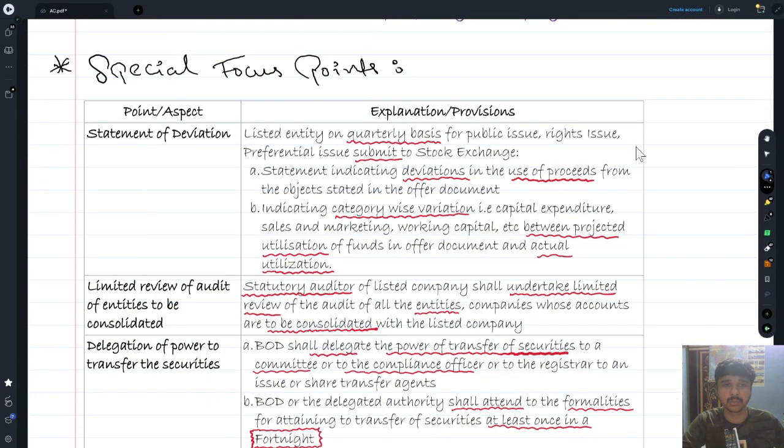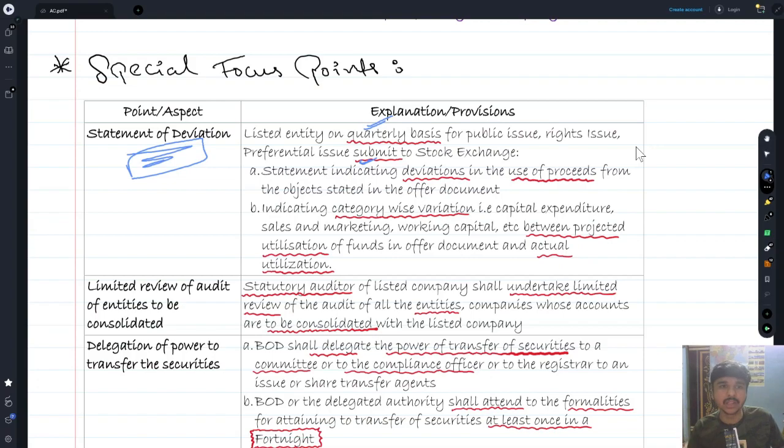There are certain focus points now. Statement of deviation. What is this? See, if you are not able to follow a certain regulation, a certain rule as we have studied before, then a statement of deviation has to be prepared by you. This will be prepared on a quarterly basis and submitted to the stock exchange.